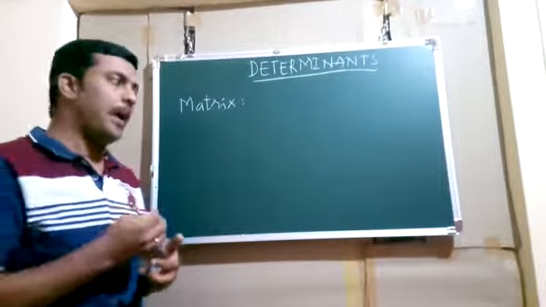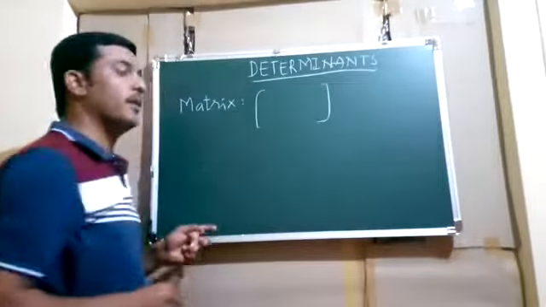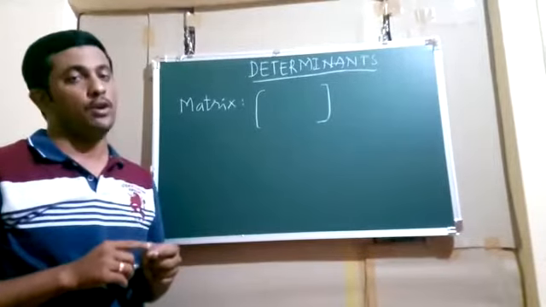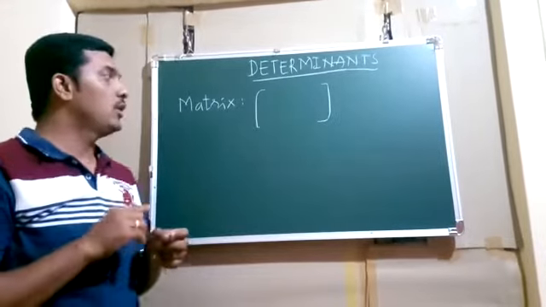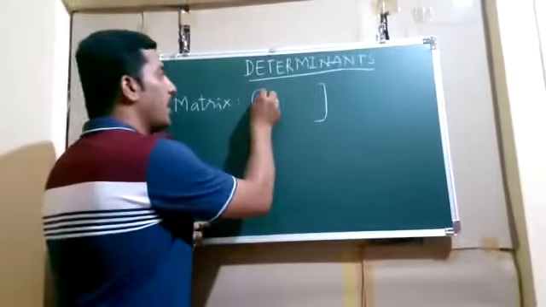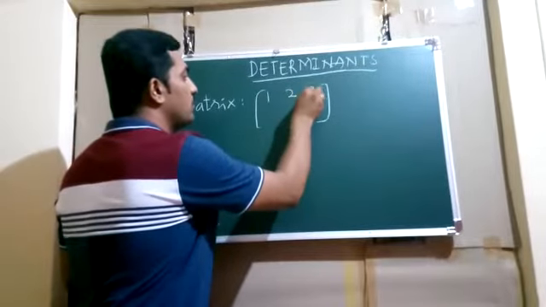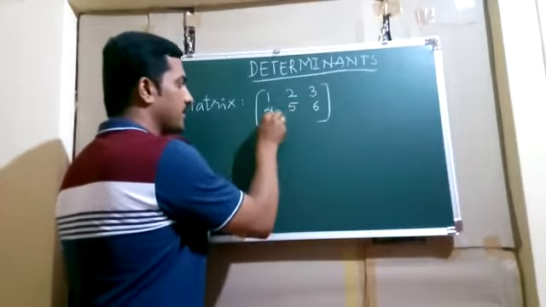A matrix is a systematic arrangement of numbers in rows and columns. First I'll write the numbers here: 1, 2, 3, 4, 5, 6, 7, 8 and 9.